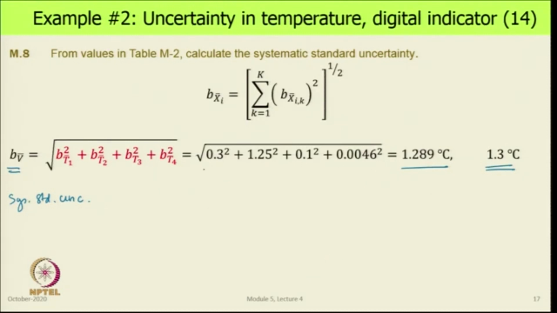And although it is coming as a squares, you can see now this one dominates much more than this one, because further we have taken squares. So, this is definitely something that should be of concern to us if you want to improve this. If 1.3 degrees Celsius systematic standard uncertainty is okay, good enough for what we want to do, then we do not need to do anything else.